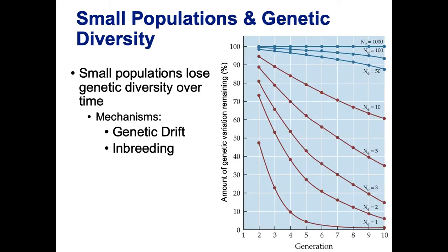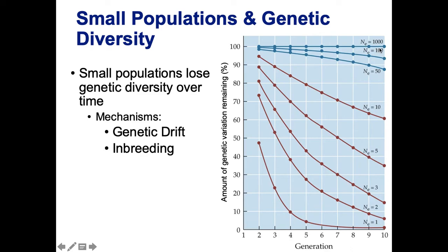We see that smaller populations lose genetic diversity over time through two different mechanisms. So this NE is effective population size, and we see that when that is very high, so at 1,000, if we go through multiple different generations, you don't lose any genetic variation. So this shows the amount of genetic variation remaining.